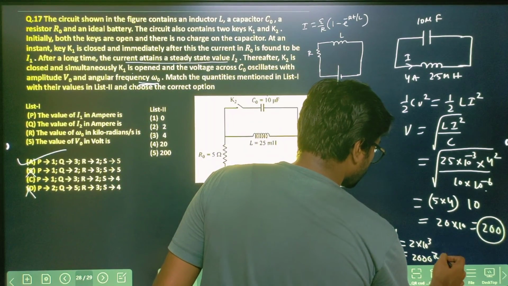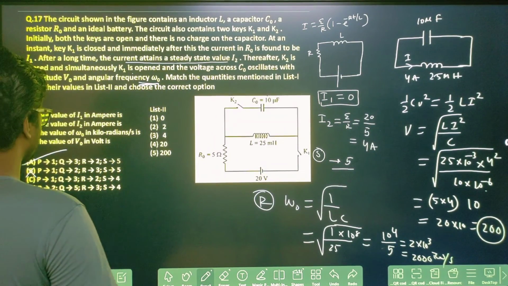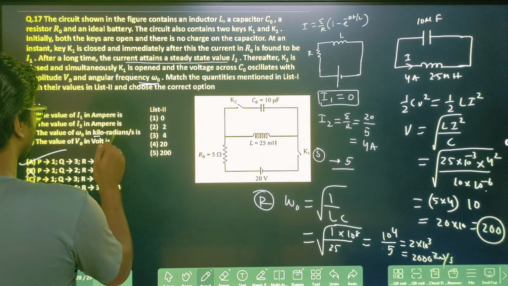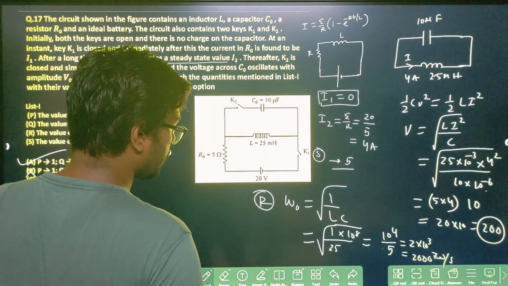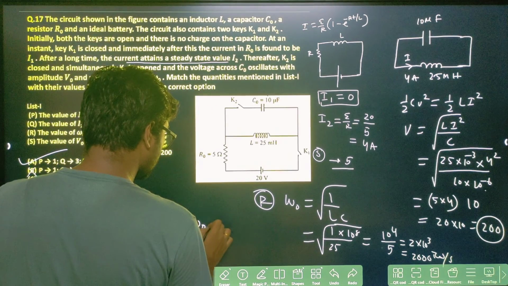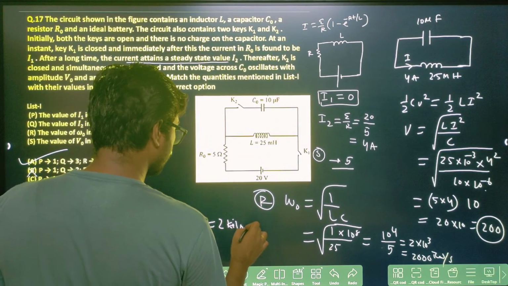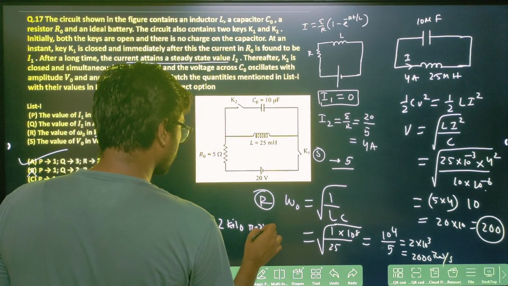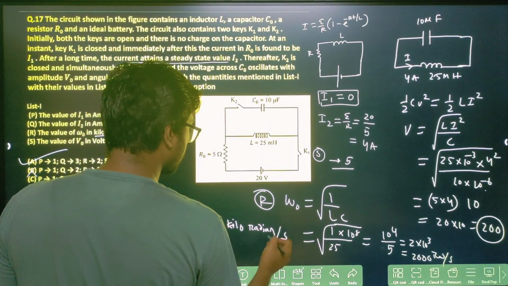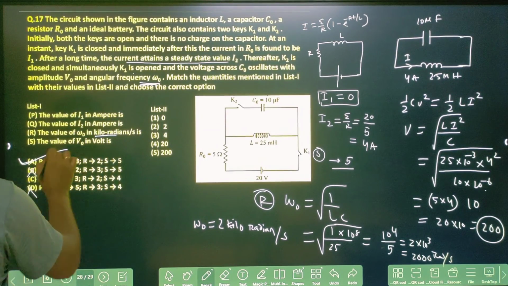They have given it in kilo radian, so omega naught equals 2 kilo radian per second. This will be your answer. Clear? So option A will be correct.